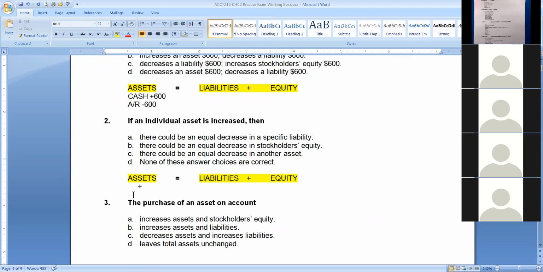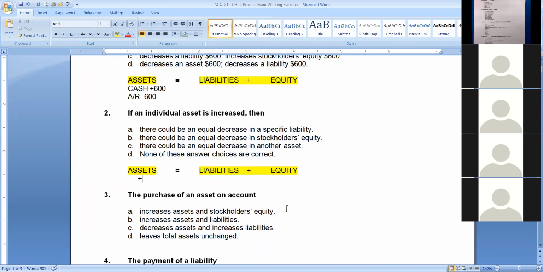If we just increase the asset, it's not going to balance. If the asset goes up, what would have to happen to the liabilities or equity to make it balance? They would increase. One of them would have to increase, or both of them together would increase.